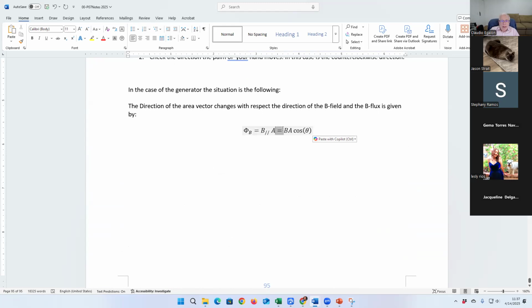But this theta angle is changing as time goes by. In practical circumstances, we use a uniform rotational motion. So this angle theta has a uniform angular velocity, given by omega t. Okay? It's going to be like that.